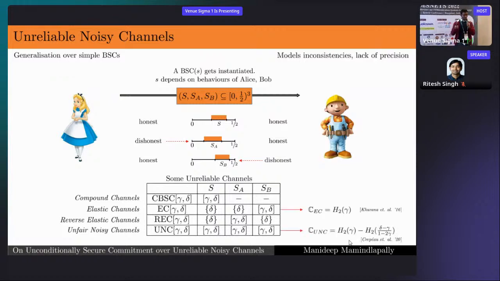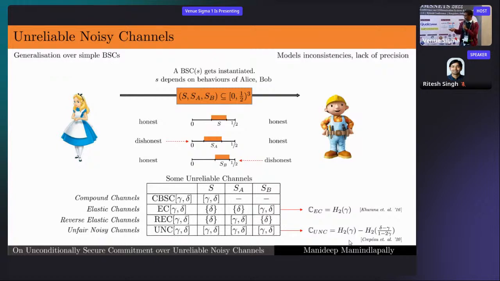So from some of the earlier works, Kuppu et al. found the commitment capacity of these unfair noisy channels, and Khurana et al. found the capacity expression for the elastic channels. By the way, in our work and these works, the focus has been to characterize the fundamental limits of commitment by the commitment capacity.